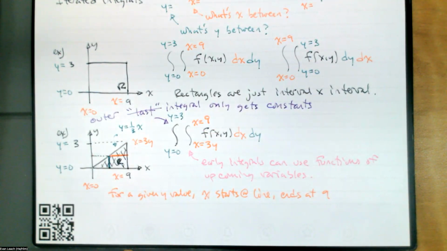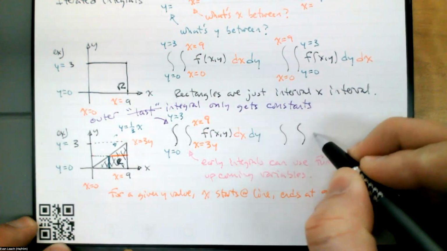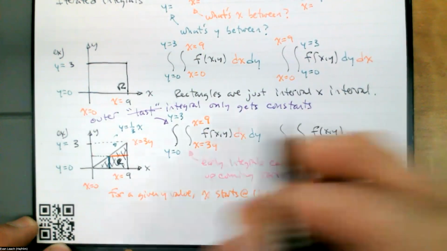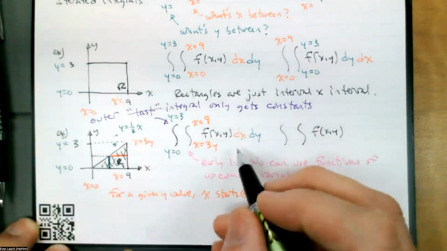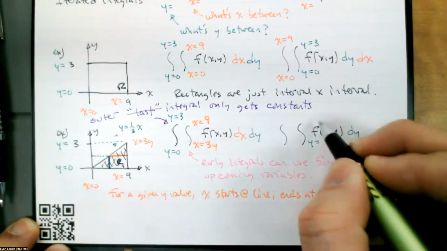Every one of these double integral problems is a 2-for-1 deal. Always buy one, get one. So we've done a dx dy. Now we want to do a dy dx.